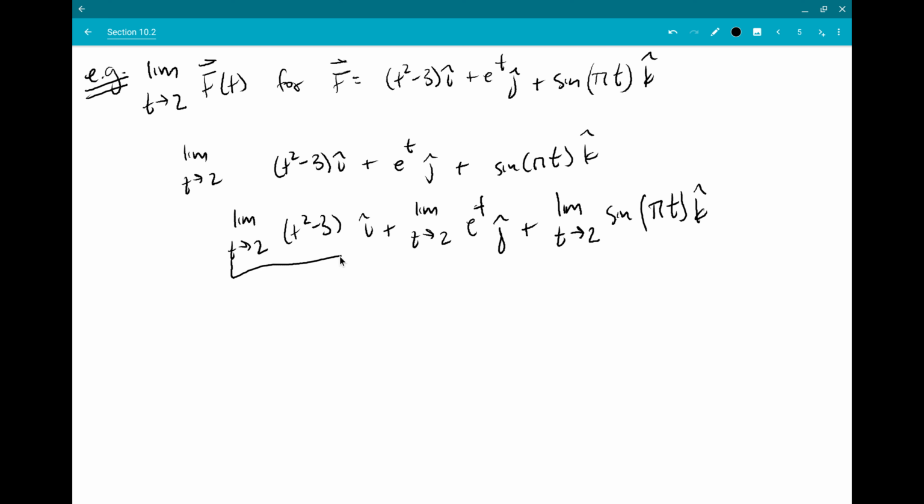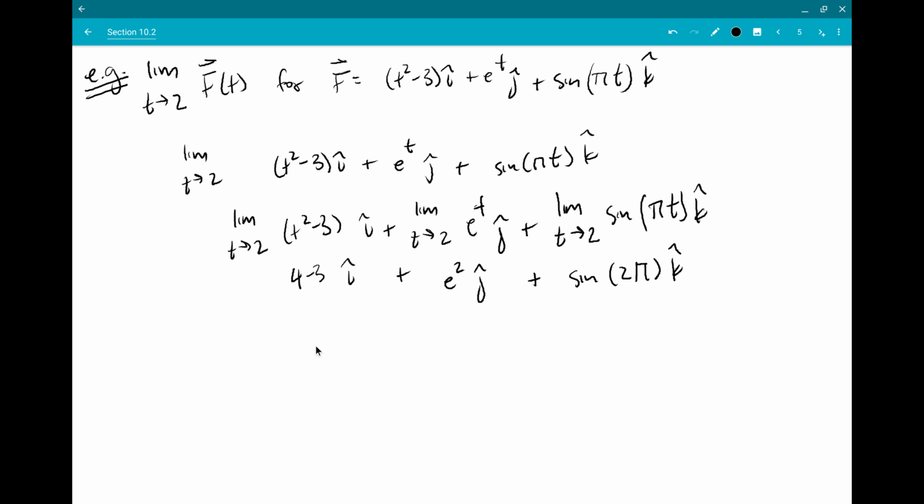And so now, ignoring that this is about vectors, if you just look at the limit as t goes to 2 of t squared minus 3, hopefully you know how to do that. You say, okay, well, 2 squared is 4, minus 3 is 1. So this is going to be 4 minus 3 i hat plus e to the 2 j hat plus sine 2 pi k hat.